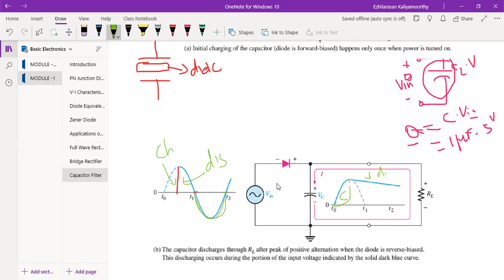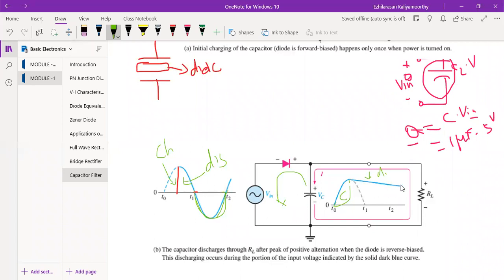Because during this time, the diode will go into reverse bias. Automatically there will be a direct path to the ground, so the capacitor will start to discharge. I'm getting discharge from here to here.